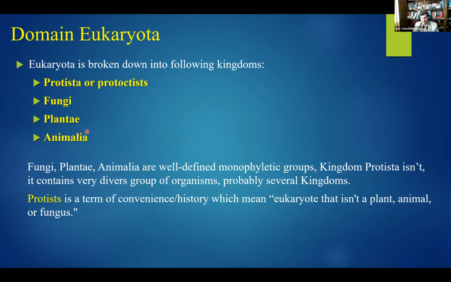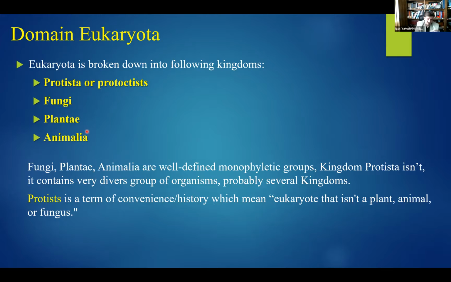What about the protists? Protists are polyphyletic, which means basically an eclectic group. If we find an organism which is not exactly an animal but not exactly a plant either, today we'll talk about Euglena, for example, then we're like, it's not fitting.